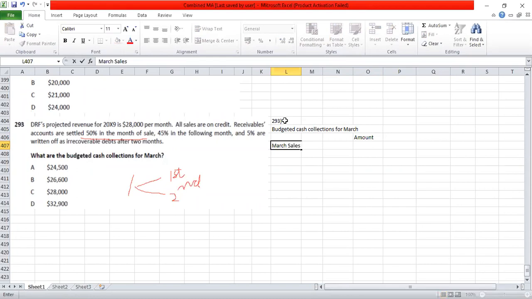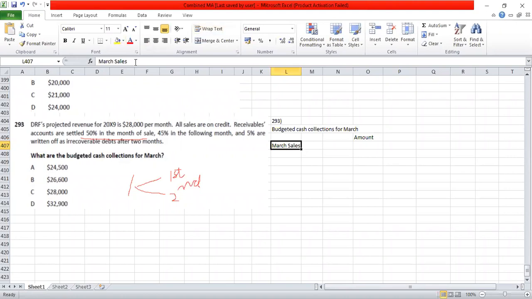Every month it is uniformly given as 28,000. So March month has the same sale, February month also the same sales. If that's the case, 50% of this month's 28,000 and 45% of the previous month, altogether it is 95% which is collected. But let's present it in different ways, because it's uniformly the same amount.